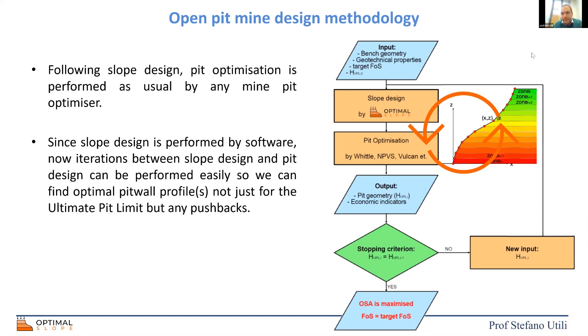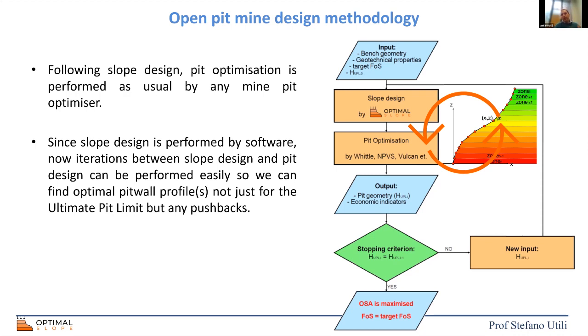Initially you don't know the overall depth, because the depth is a result of pit optimization. So then you could do a quick iteration where you redesign the slope so that the slope you get is absolutely optimal for the specified depth.